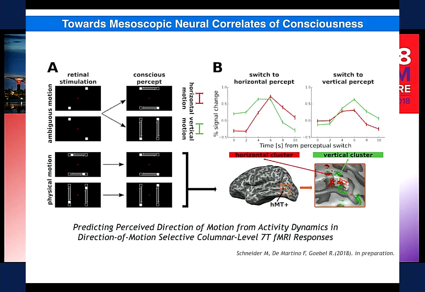When the subject says, I'm seeing now a horizontal motion, then the columns for horizontal went up in activity and for vertical down, and vice versa. So you see that the switch of your percept can be explained from the dynamic activity changes in area MT. So you can relate the content of your mind to activity patterns which dynamically change within a brain area.